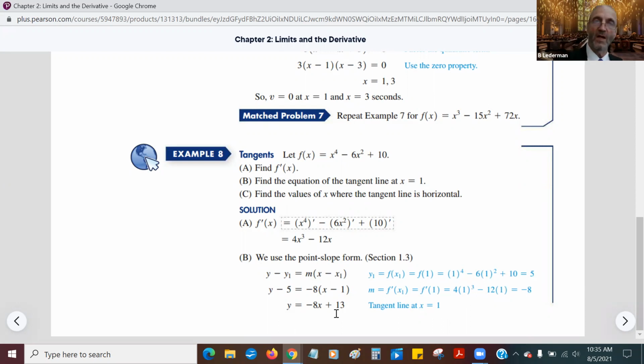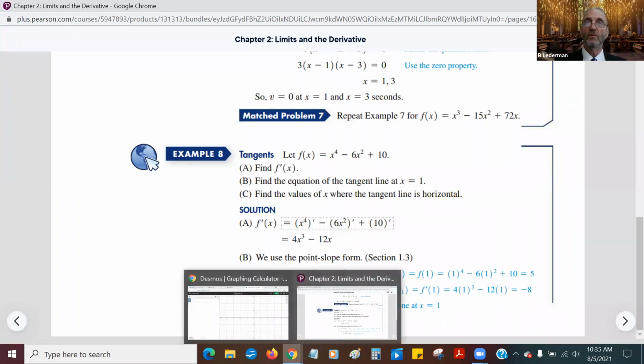Now, you know me, I just cannot resist. I'm going to graph this in Desmos, and let's see what magical things happen. So x to the 4th minus 6x squared plus 10. Let's do that first.